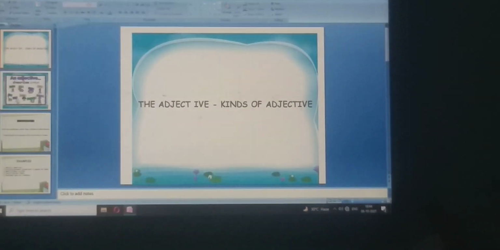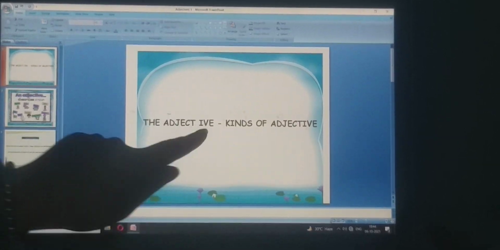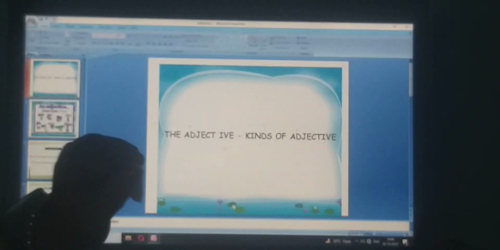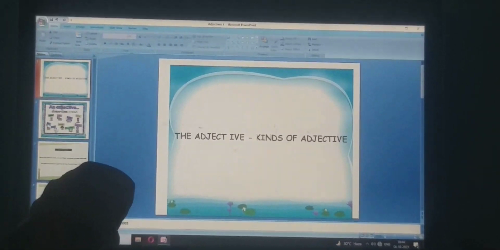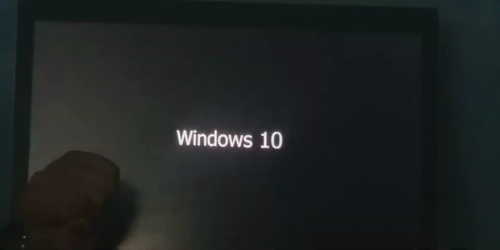So, this game that I have just played with you is related to today's topic, the adjective, kinds of adjective. Students, do you remember I have used the words or the hints like tangy, juicy, red in color and oval in shape.